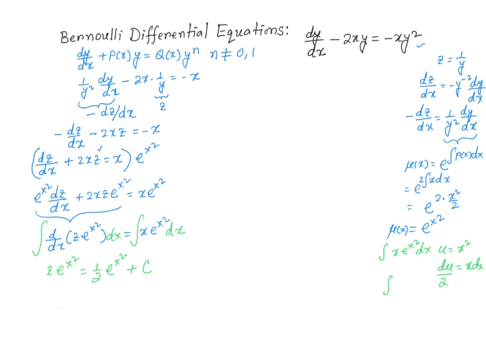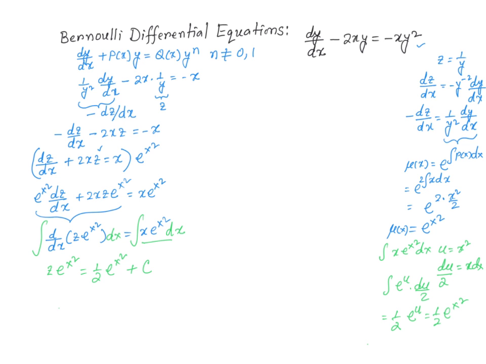So it's going to be e to the power u times du over 2. That is going to give you 1/2 e to the power u, which is 1/2 e to the power x squared. That's how you do this integral. So now we have this.